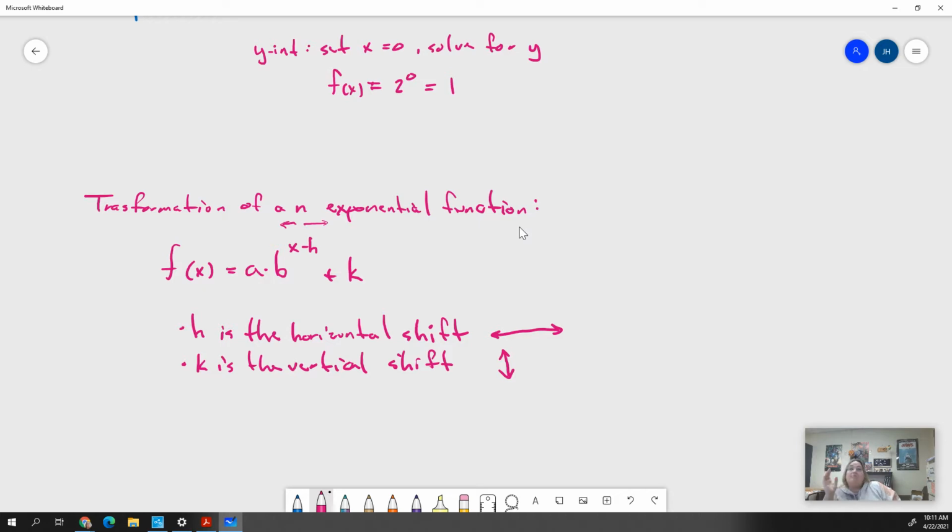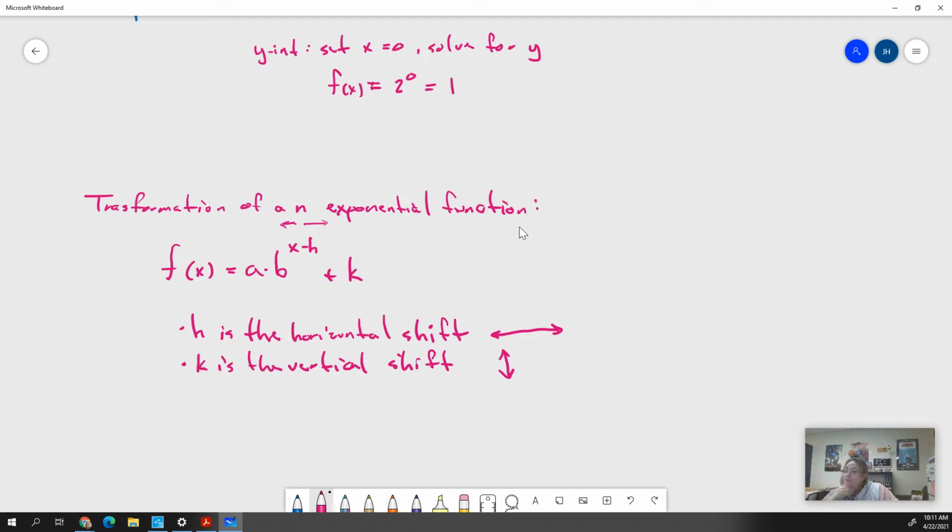It's going to add or subtract h number of units from every x value. If I have something over here in k, say it says plus 5, that would move it up 5 units. If it said minus 5, it would move every point down 5 units. Every y value.